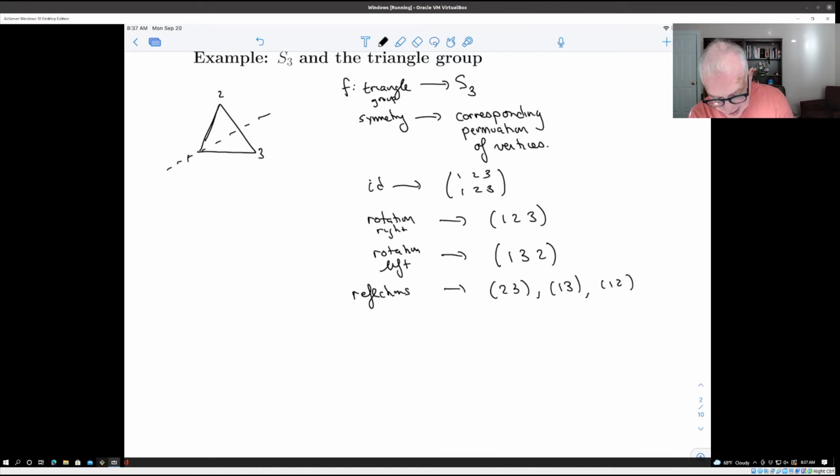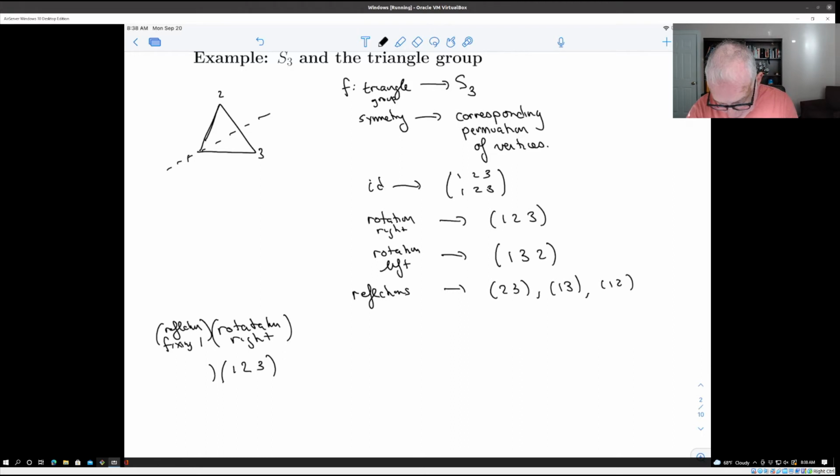So for instance, if I do the rotation right first, and then I do the reflection fixing 1. So what happens there, when we actually do the computation, we practically use the permutations. We say, okay, the rotation right takes 1 to 2, 2 to 3, and 3 to 1.